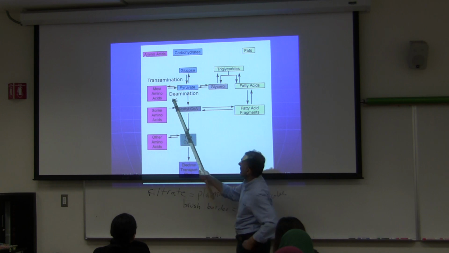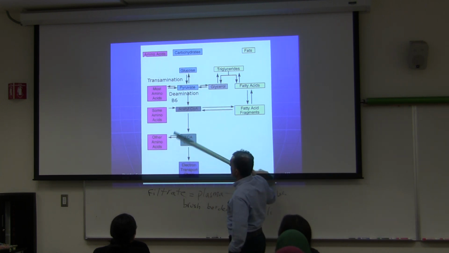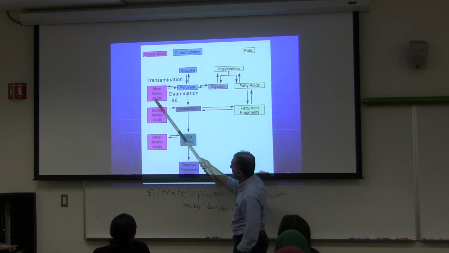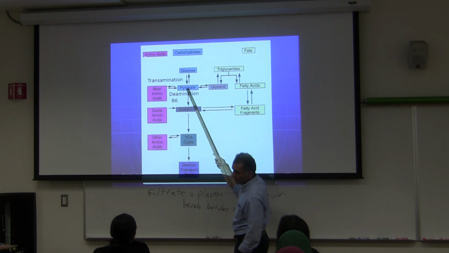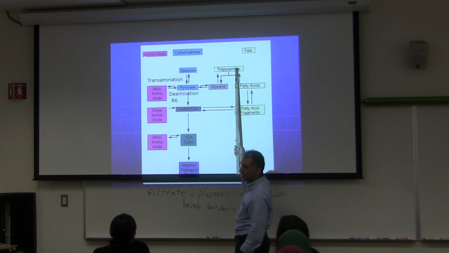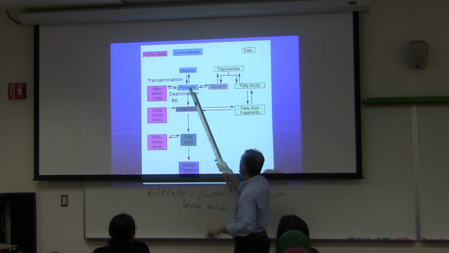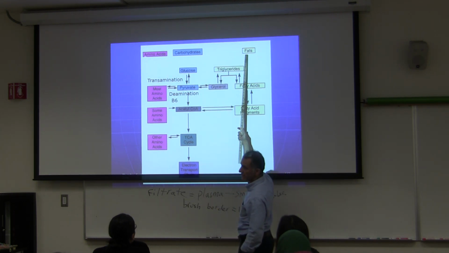So what happens if he does not eat carbohydrates, but he eats a lot of protein? Amino acids can become pyruvate, pyruvate becomes glycerol, and glycerol can become triglyceride. The glycerol has 3 fatty acids attached, and they are stored in the body fat.